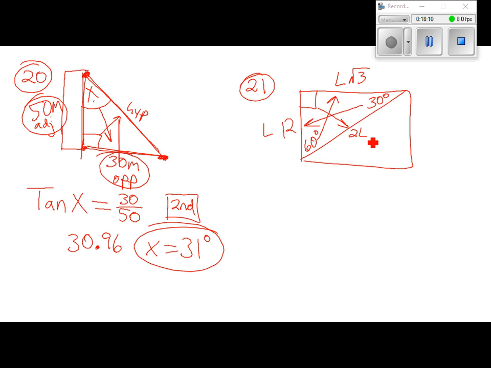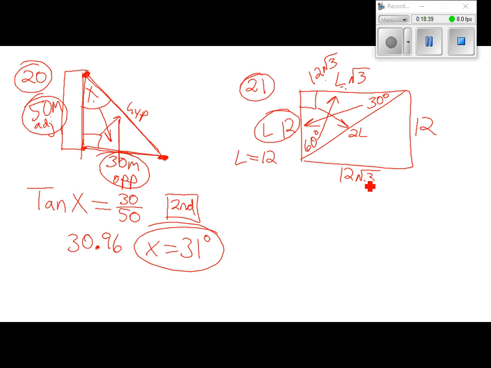We really don't care about the 2L this time because we're trying to find the perimeter of this rectangle. We look here, that tells us L has to equal 12. Well, anywhere we see L, then we can stick in 12. So we know that this side up here is 12 times the square root of 3. Well, if this is a rectangle and this side's 12, then this side over here has to be 12. And if this side up here is 12 radical 3, then this bottom side has to be 12 radical 3.